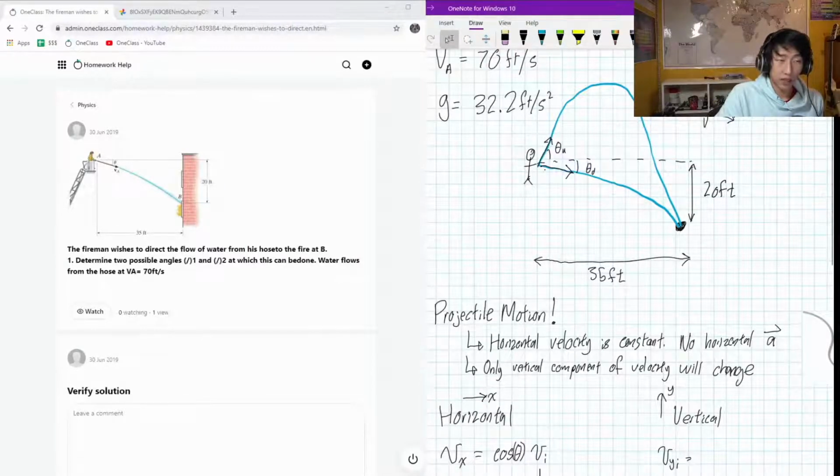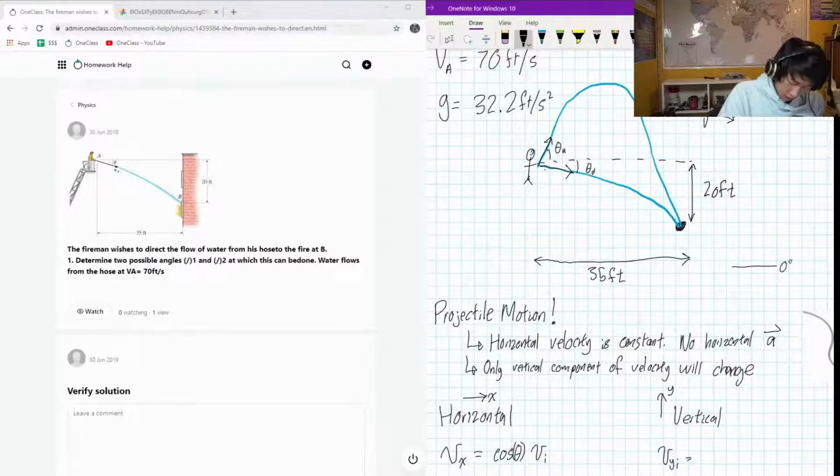sine. And let's say that our angles are going to be positive going clockwise.